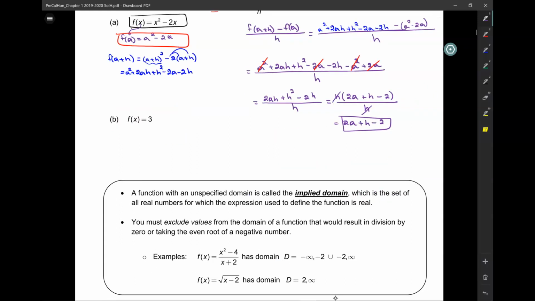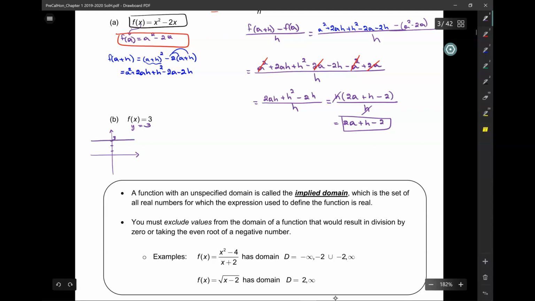This time my function f of x is equal to 3. What does that look like if I draw the function? Is it like that, or is it like that? Okay, what's another word for f of x? y equals 3. It goes to the right, so it's horizontal.